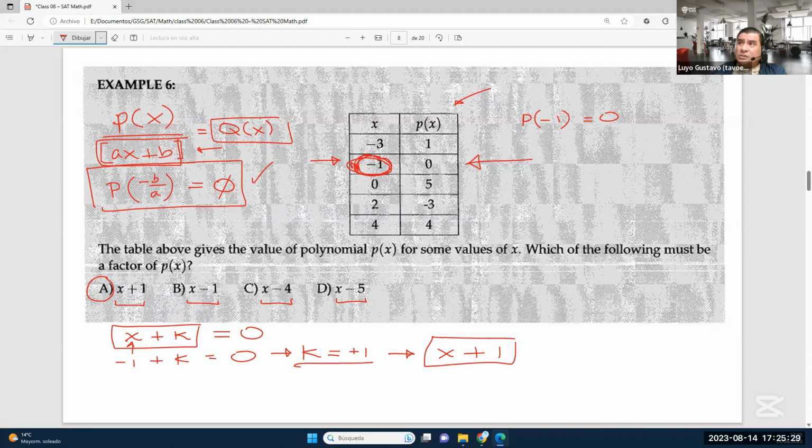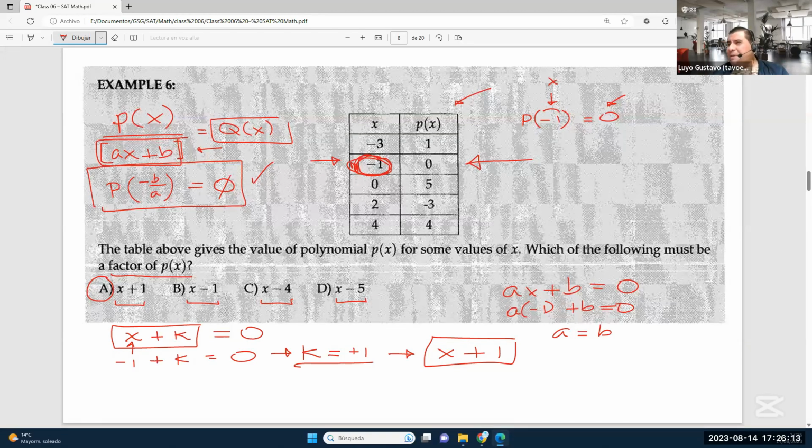That because this output value is 0, this x represents the value that makes the divisor in the division mentioned, that is, such factor of p of x, equal to 0. If we are thinking about a factor of the form ax plus b, that could be good to say ax plus b equals 0 when x is -1. So a times -1 plus b equals 0. So what I got from here is that a equals b.